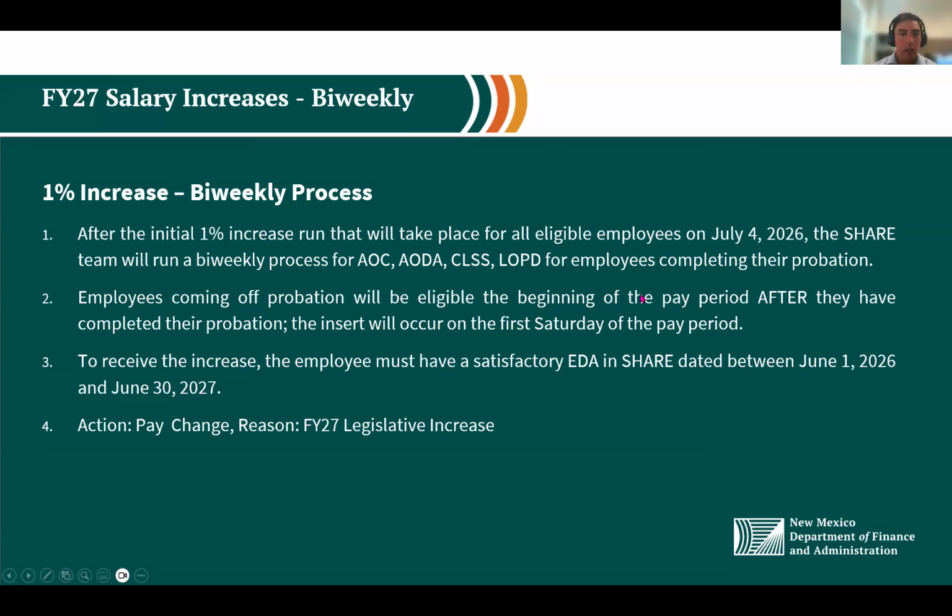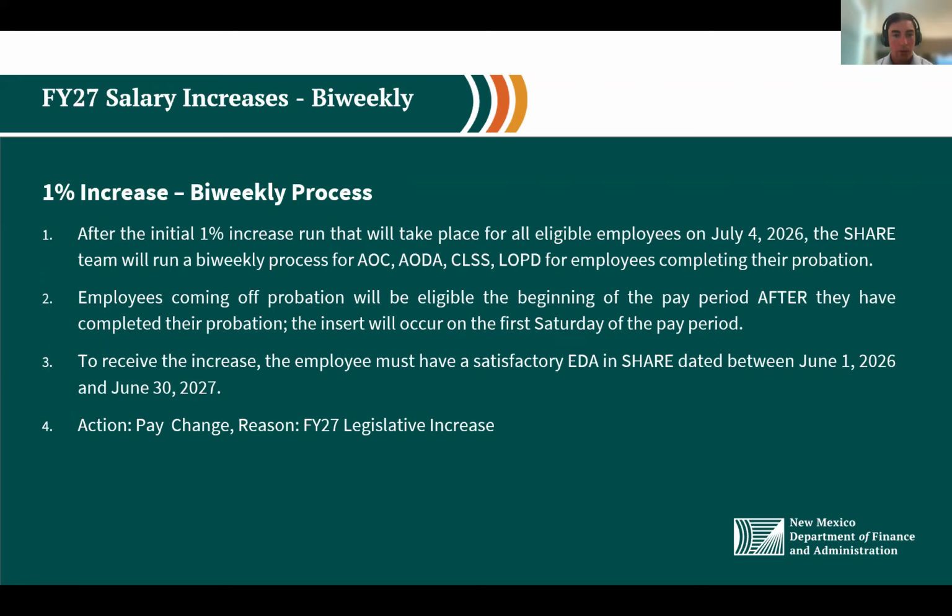Okay. So that July 4th row will pick up most employees for the 1% increase. But for your employees that are still on probation, we will have a biweekly process that'll run the first day of the pay period. And it'll run for employees that are at the courts, DAs, classified executive employees, and employees at the public defenders.